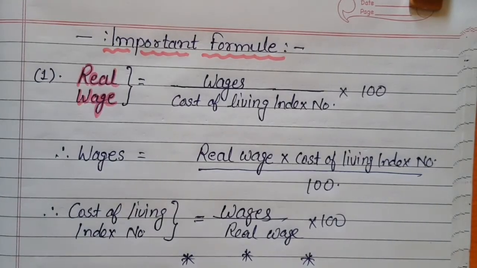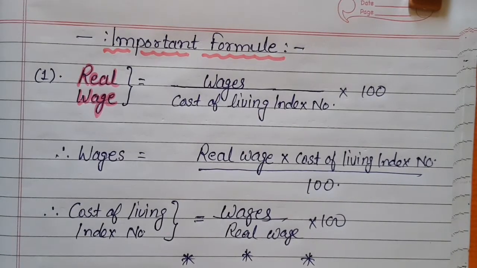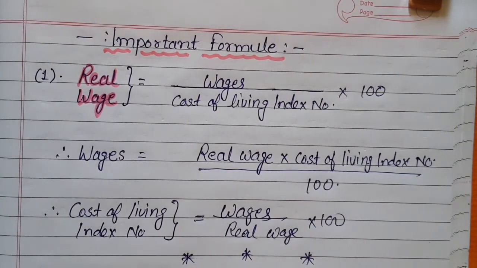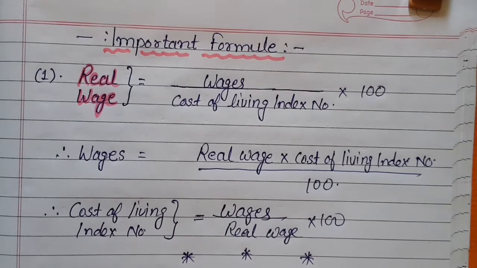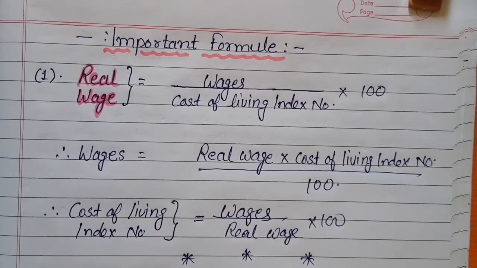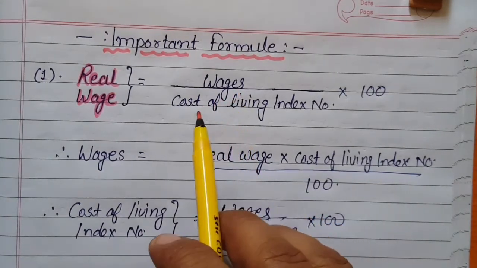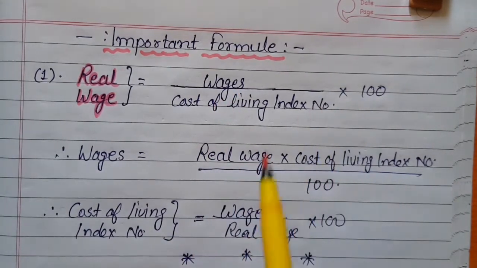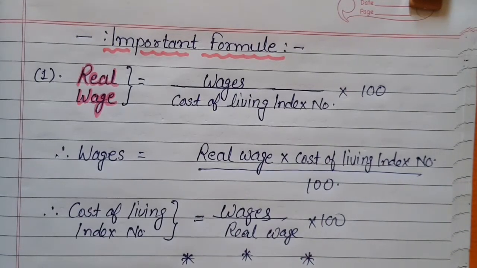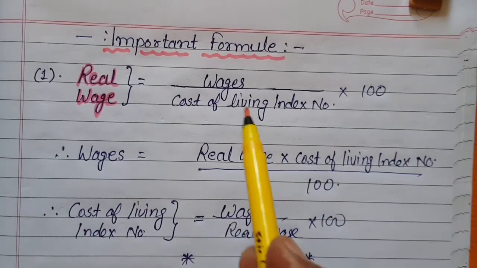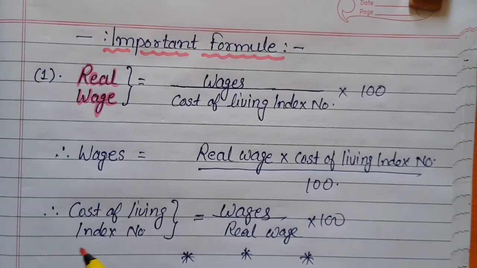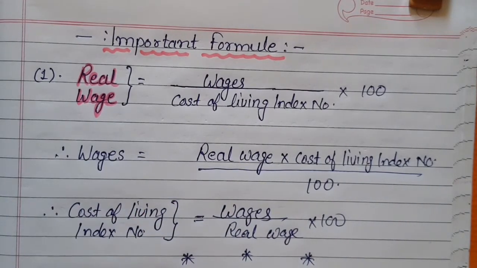Friends, now I am giving you some important formulas. Those you have to keep in mind because often sums related to them are asked in the exam. The first formula is for real wage. The formula is wages upon cost of living index number multiplied by 100. So friends, this is the main formula, but from this formula 2 more formulas we can compute.